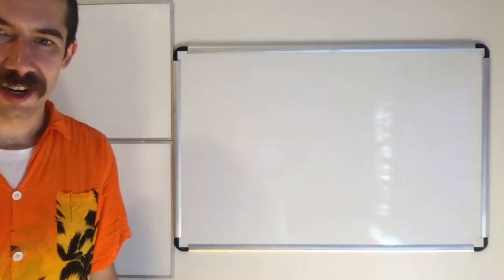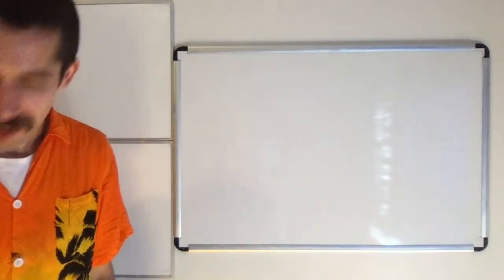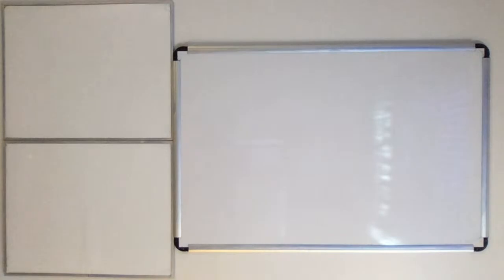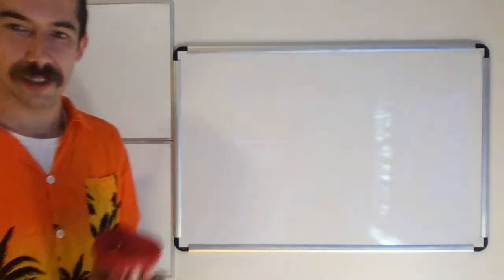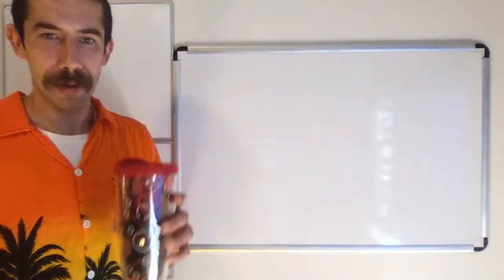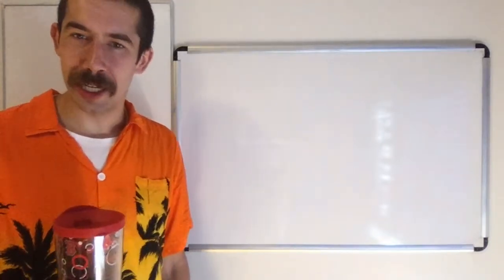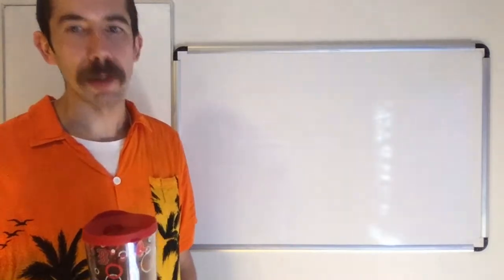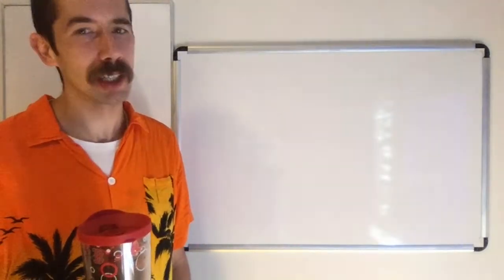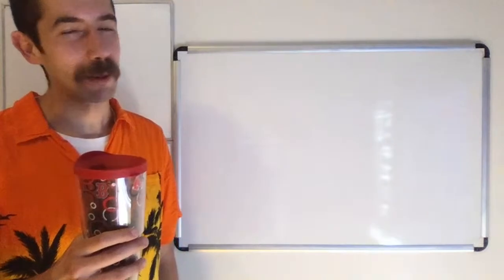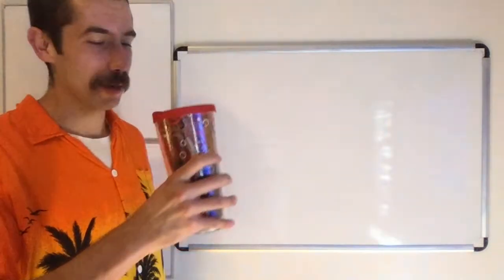We can get started with the important parts of today, which is the simultaneous sip. So if anybody has their coffee or water, juice, milk, chocolate milk, whatever, and would like to join, now would be a good time to do so.